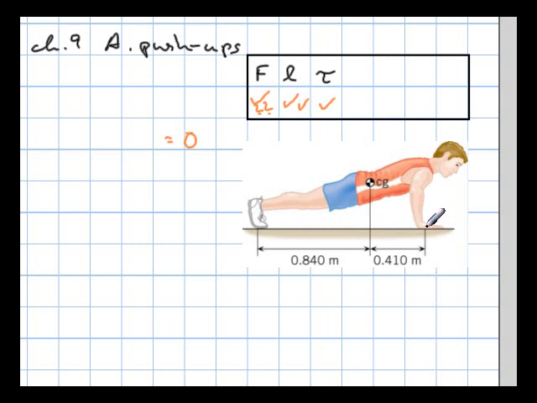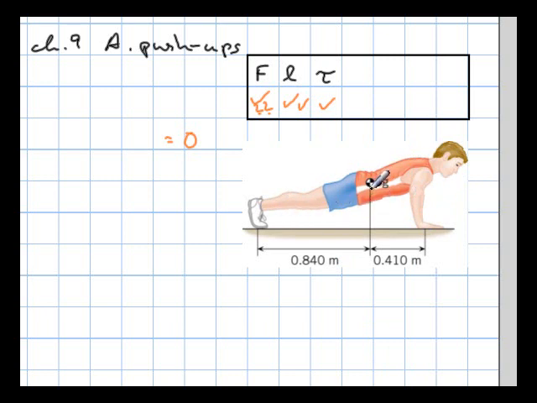Otherwise, if he were pushing harder on the floor, and the floor pushing harder on him, he would go up and we would have a rotational torque, but that's not the case. He's holding the position, so the combined torque has to be 0 everywhere.